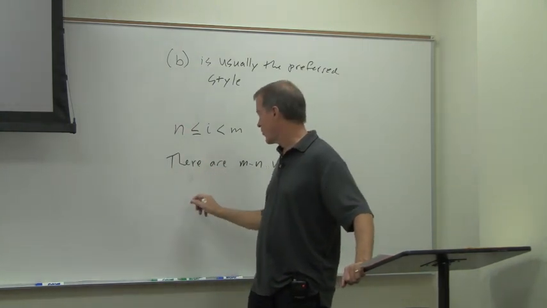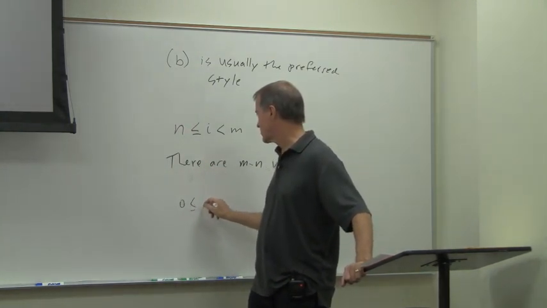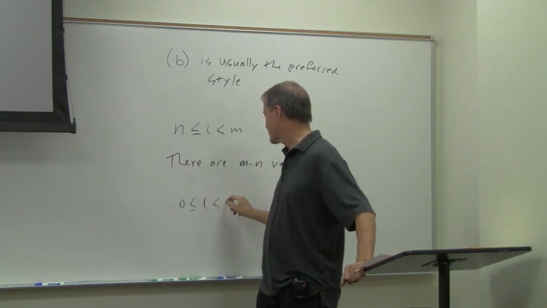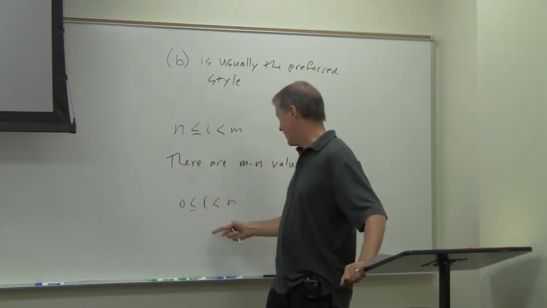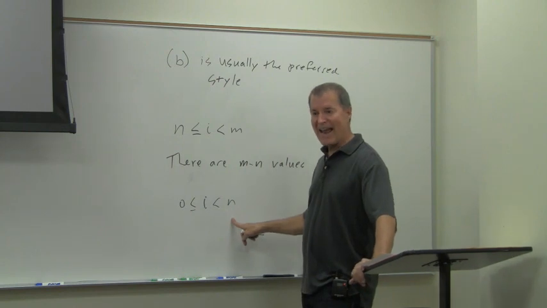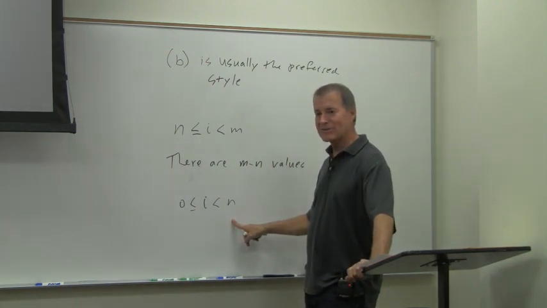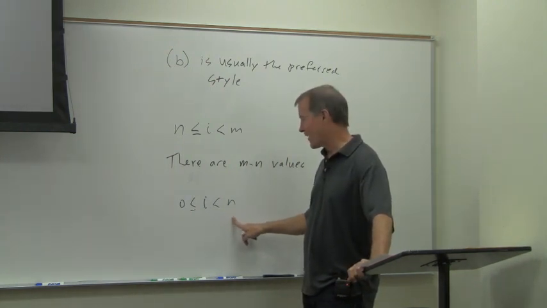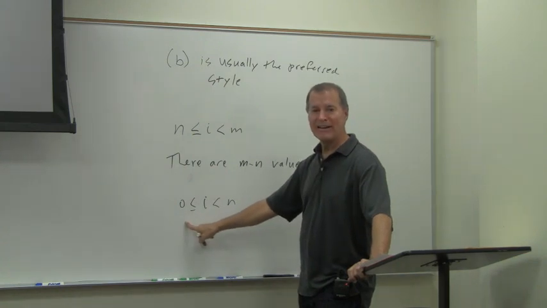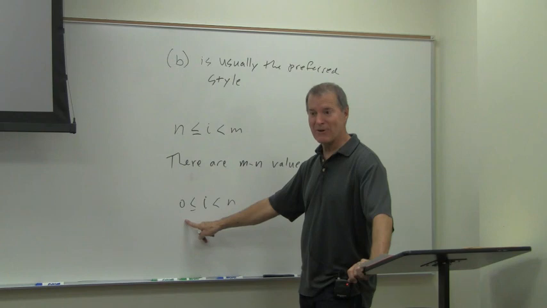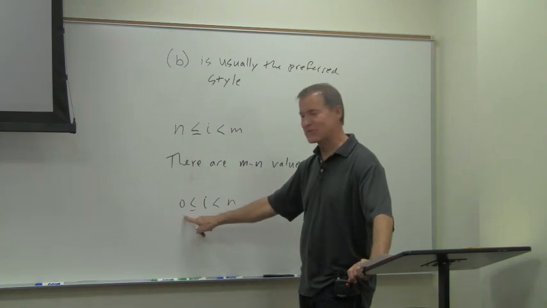So if you have 0 less than or equal to I less than N, there are N values, and the index of an array usually starts with 0 anyway, so you include where it starts.